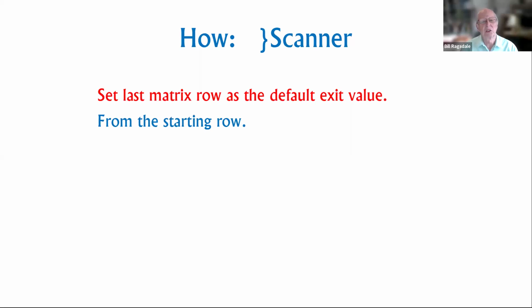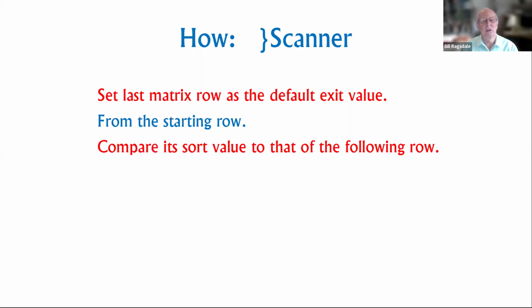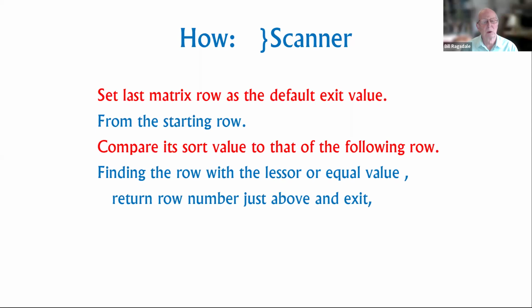Now the scanner begins at a starting row which is specified. Its value is compared to the immediately following row. And upon finding a row with a less or equal value, we return the row number. So if we find a greater value at a following row, that continues this particular run.